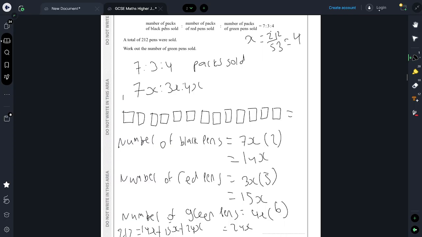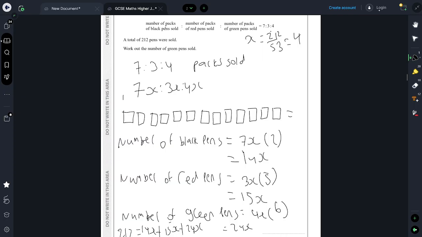So that's x. Now we can find all the information we have because we know what the missing x is. But it asks us to find the number of green pens, not green packs, but green pens, which is here, right?